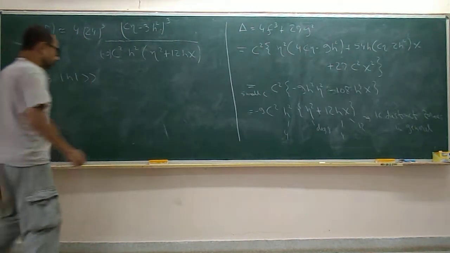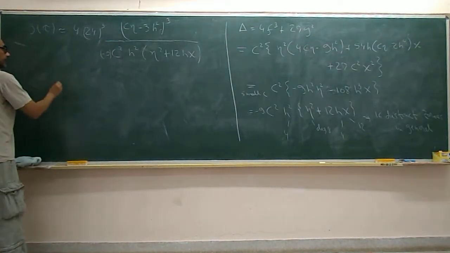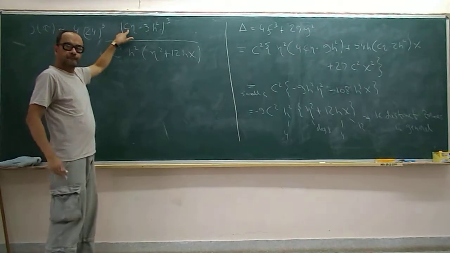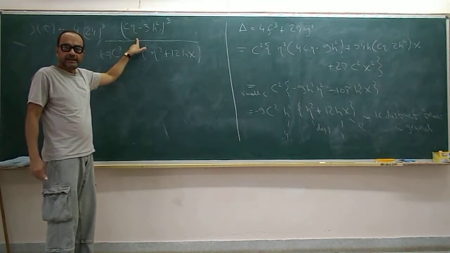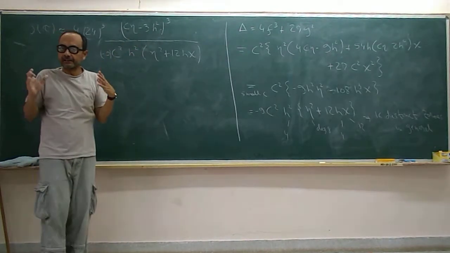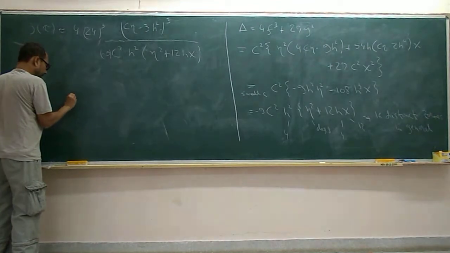So let me say it in the following way. You see c is small, so this can become small near the zeros of h. So what is the picture? Let me draw this.